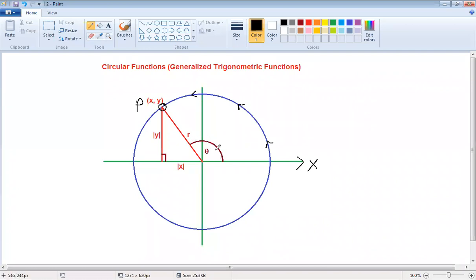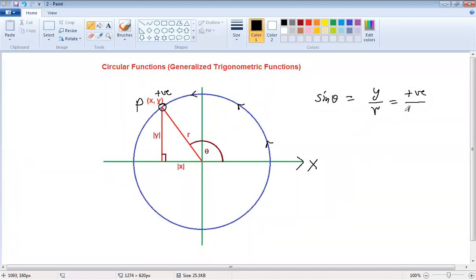And for this obtuse angle, we will find sine theta as y coordinate divided by radius. Y coordinate here is positive, so it will be a positive quantity, and radius is a distance always. Radius is the distance between the center of the circle and any point on the circle, which is always positive.